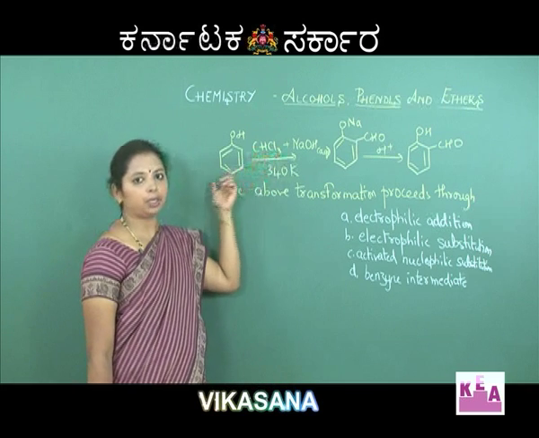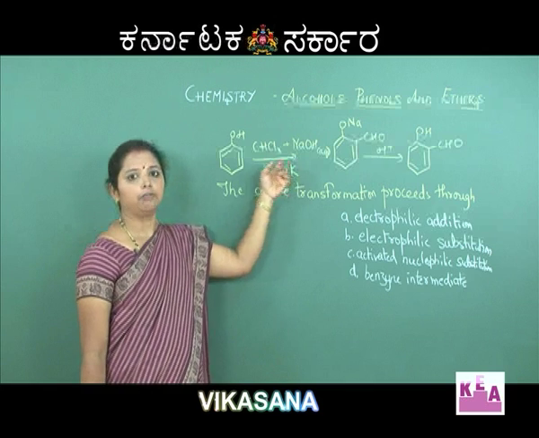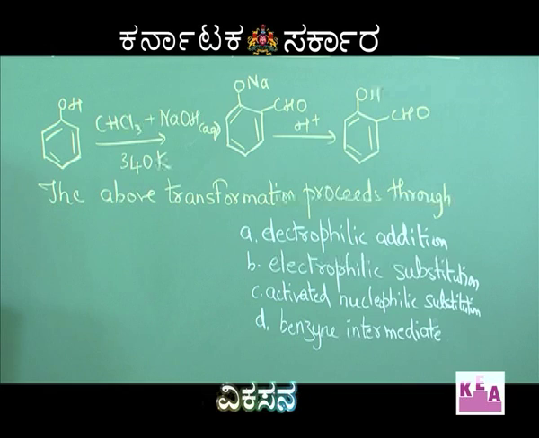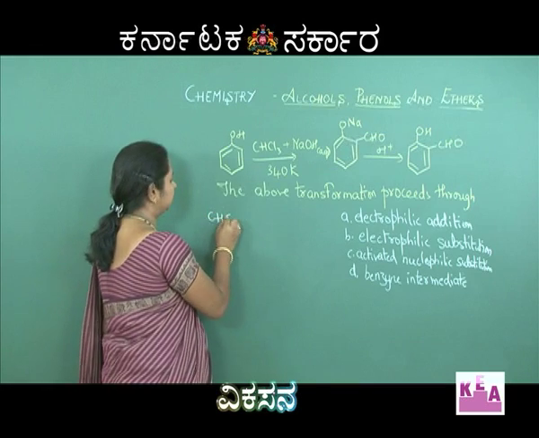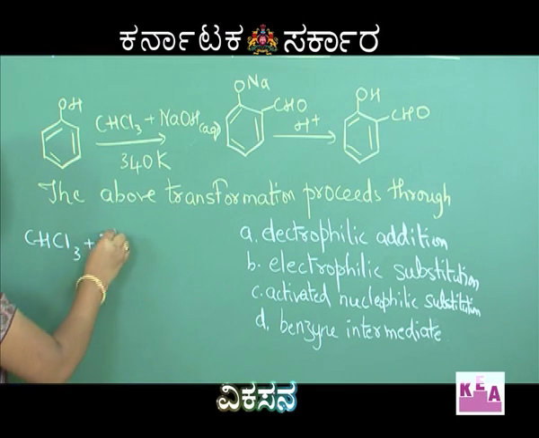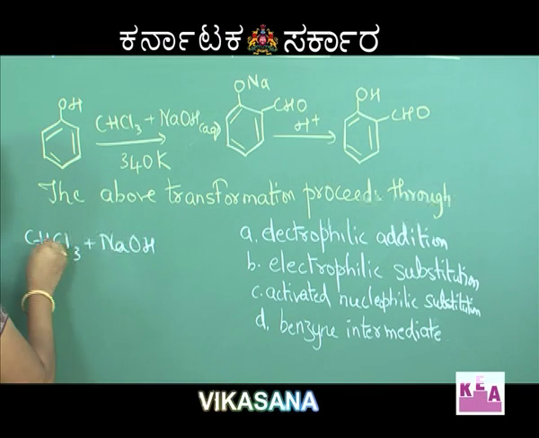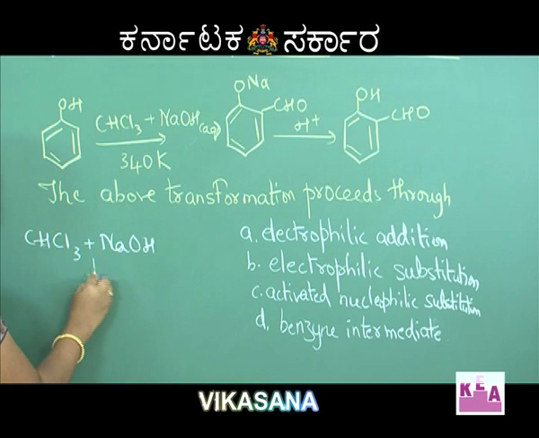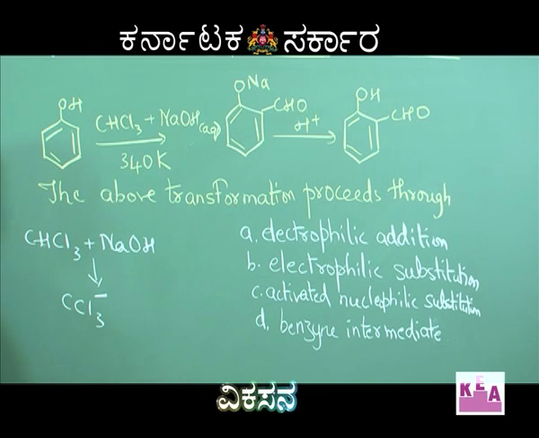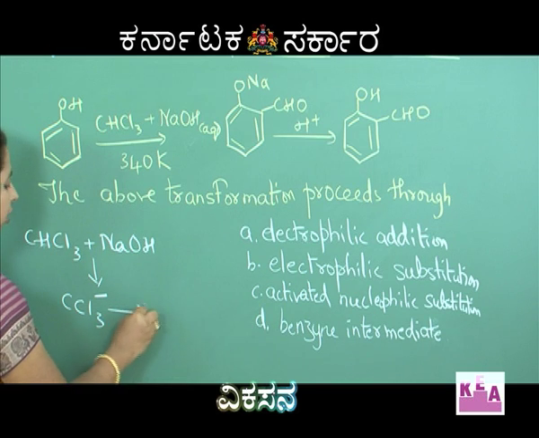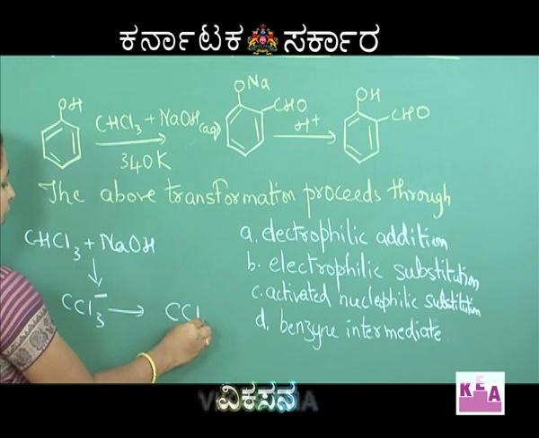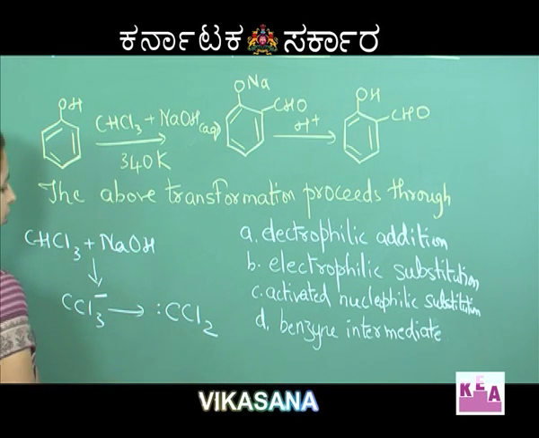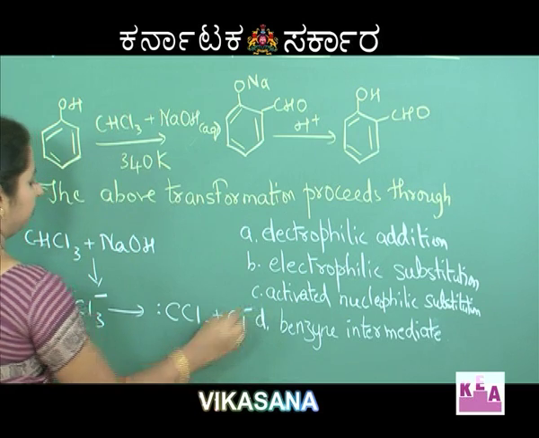When chloroform reacts with NaOH, we get an anion. CHCl3 will react with NaOH. The NaOH will take away the hydrogen to form CCl3 minus. Now CCl3 minus will undergo decomposition to form CCl2 plus Cl minus.